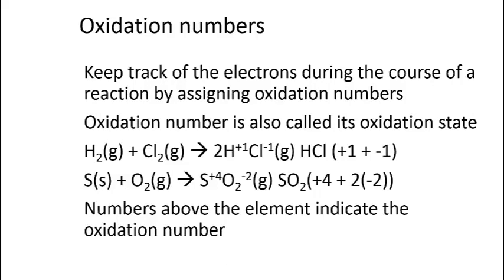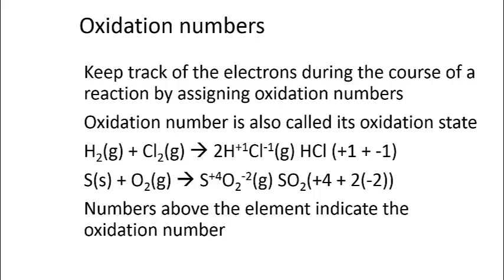We keep track of the electrons during the course of a reaction by assigning oxidation numbers. An atom's oxidation number is also called its oxidation state, and this number signifies the charge the atom or molecule would have had if an actual electron transfer taken place during the course of a chemical reaction.